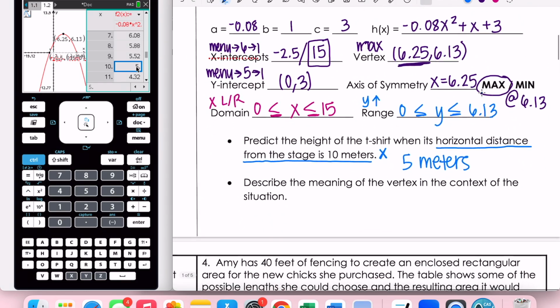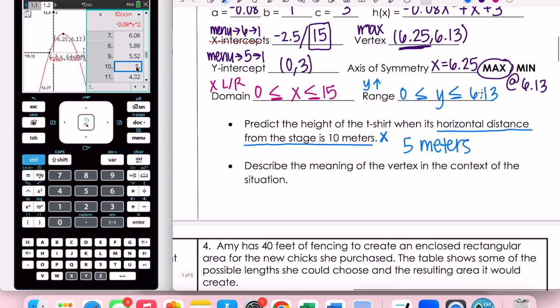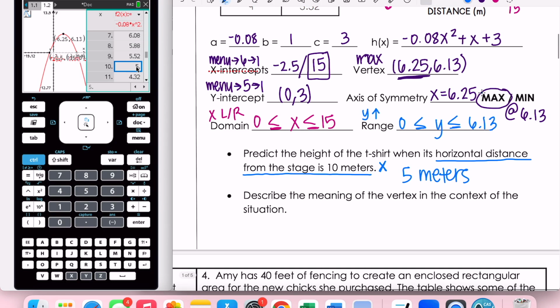Okay, next up, the last question says, describe the meaning of the vertex in the context of the situation. So we kind of already touched on it a little. I kind of explained it earlier. My vertex is 6.25 and 6.13.